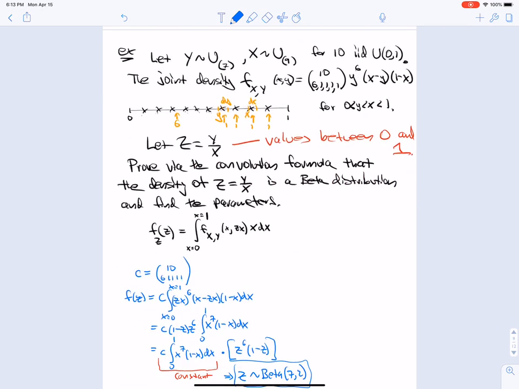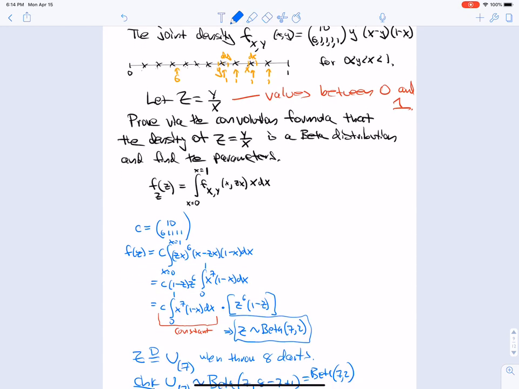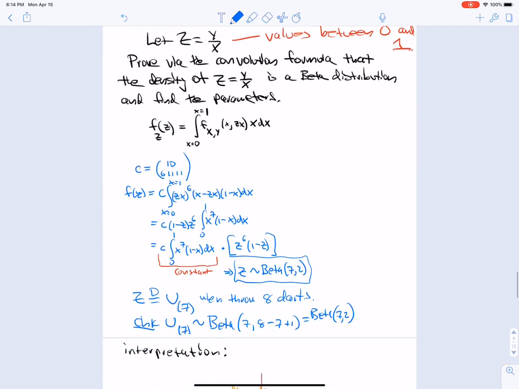Finally, we did this problem. Y is the 7th order statistic and X is the 9th order statistic when we've thrown 10 darts. And we want to find the density for Z. So we worked this out, and we show it's a beta here.